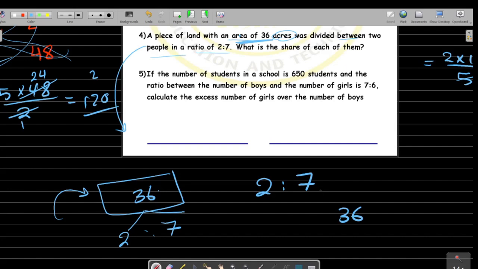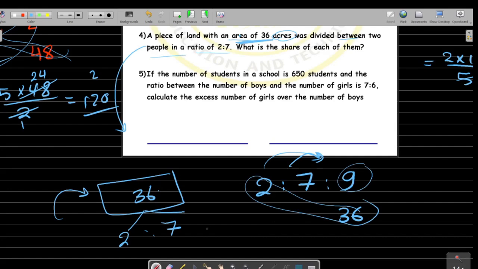Okay, the land is 36, so we have to get the sum of these two parts: 2 plus 7 equals 9. To know the share of each of them, you use the same way, extremes times extremes divided by means.